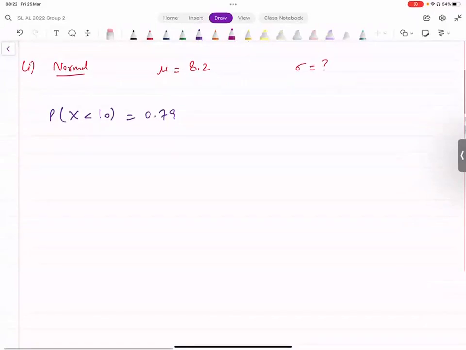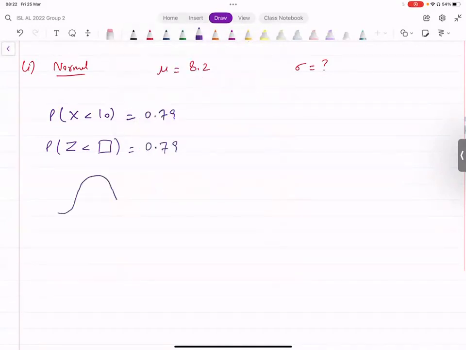सबसे पहला काम क्या करना है? We will convert this to z. So we'll say probability of Z less than something. We don't know what that is. That is equal to 0.79. ठीक है? अगर आप इसको नॉर्मल डिस्ट्रीब्यूशन वाली कर्व से देखें, लेफ्ट साइड पे जो एरिया है वो कितना है? लेफ्ट साइड पे एरिया 0.79 है, राइट?